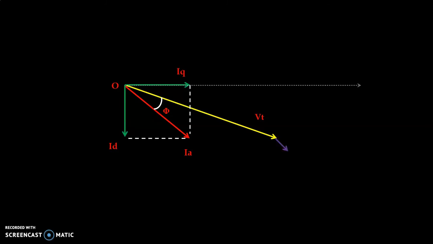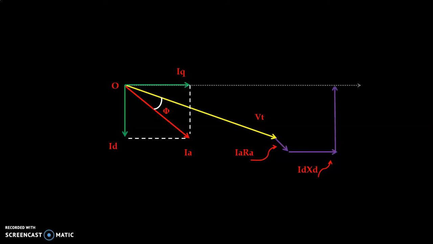So we have a voltage drop, that is IRA, that is parallel to the current IA. Then we have a drop, that is because of synchronous reactance for direct axis, that is IDXD, and that is perpendicular to the current ID.